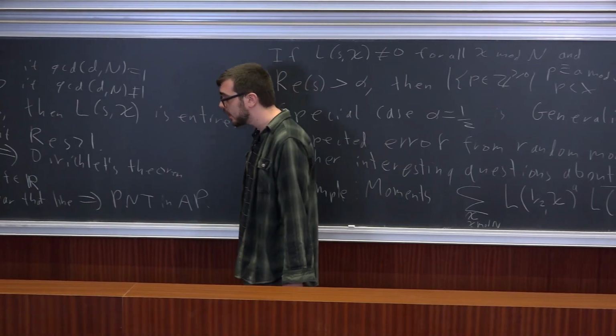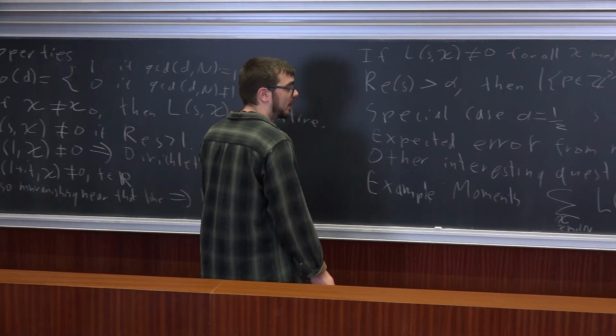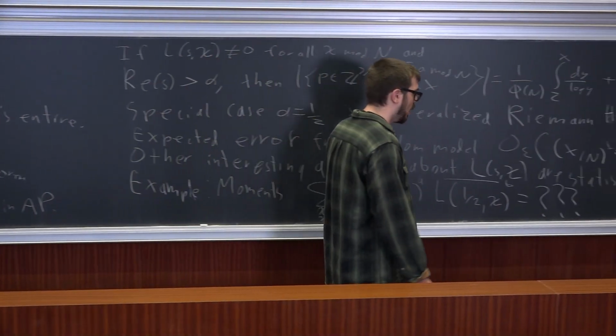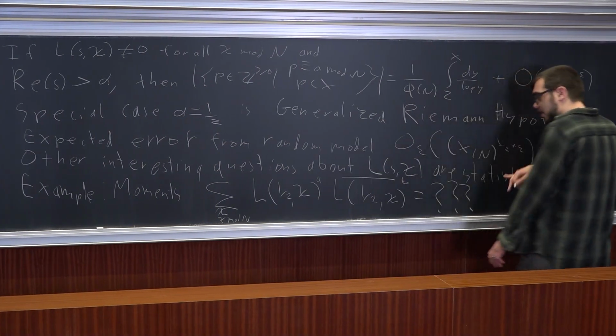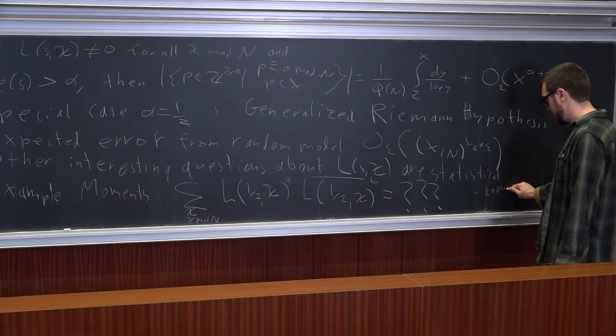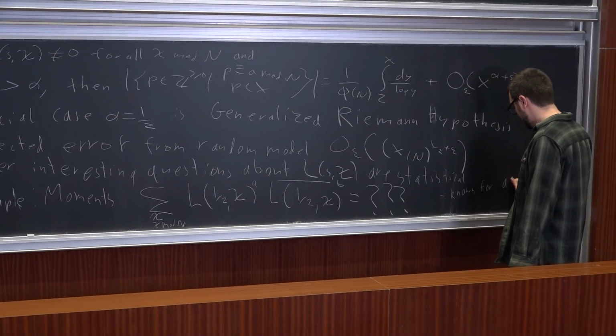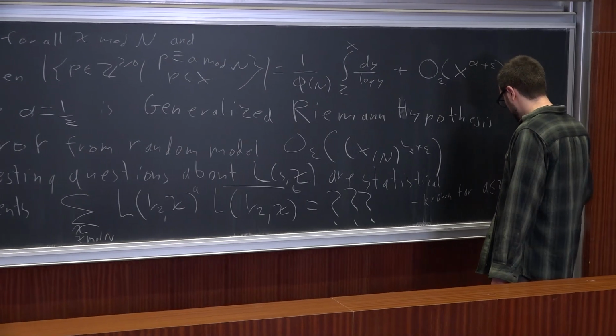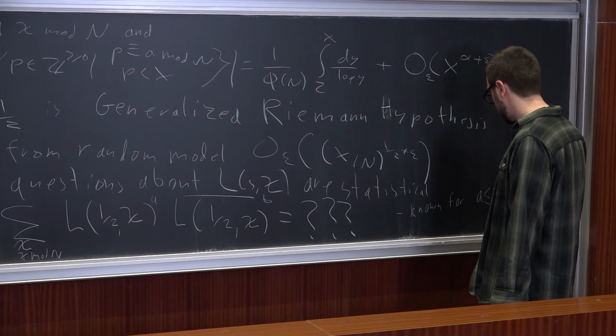Question number 3. But it's very, very hard. So it is known, if we're summing over all chi mod n, this is known for a at most 2 and b at most 2.